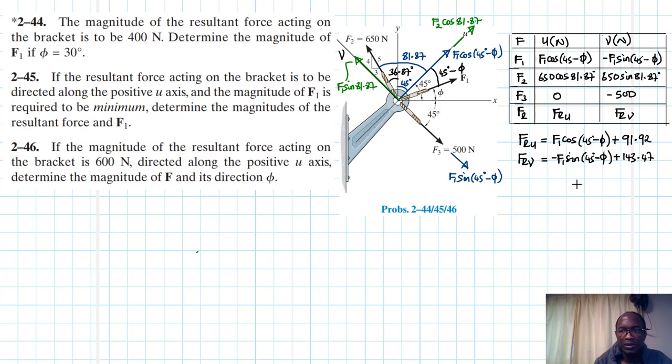Okay, 650 sin 81.87 minus 500, that's 143.47. Great. So there we are.